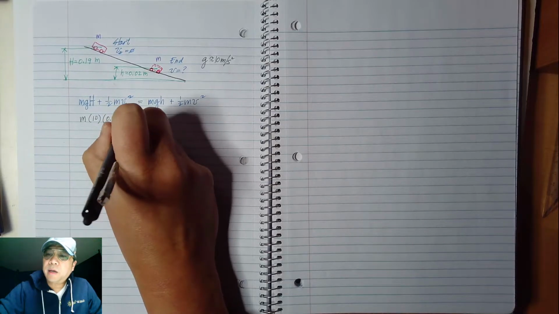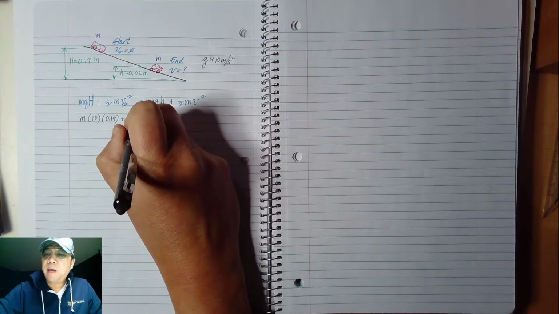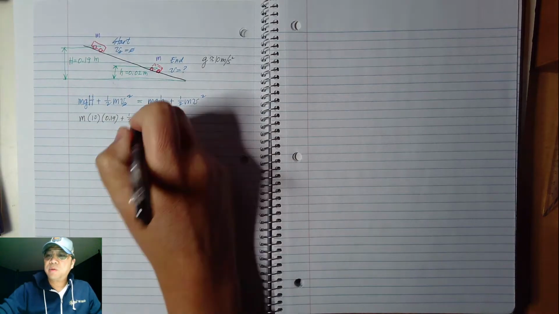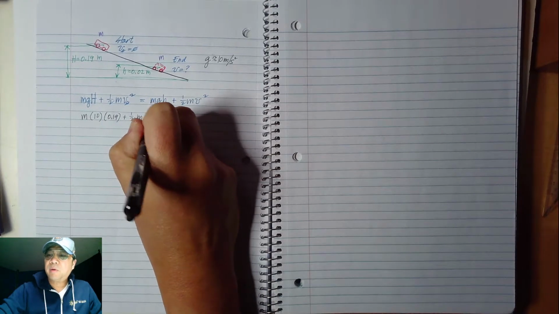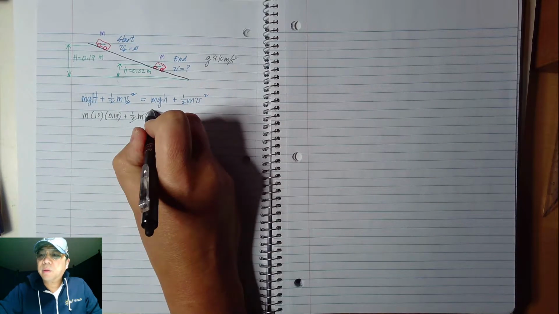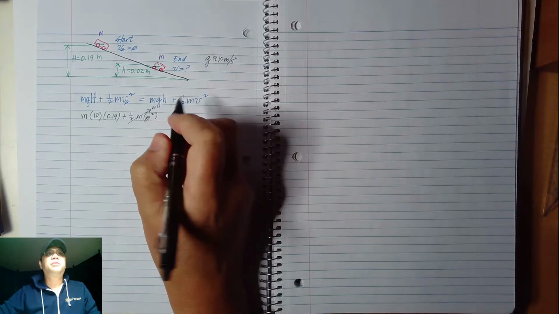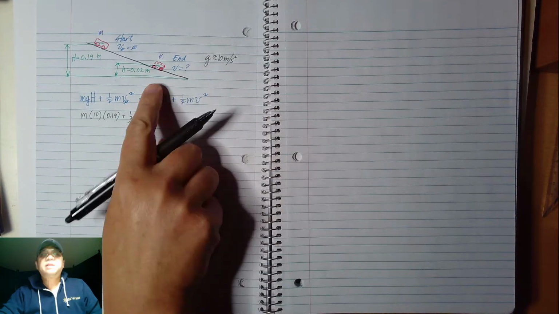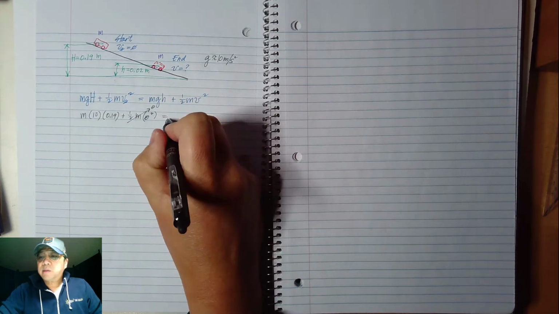plus 1/2 the mass and the initial velocity of 0 squared. However, we know right away that any number multiplied by 0 is immediately 0. The mass at the end is still the same mass.